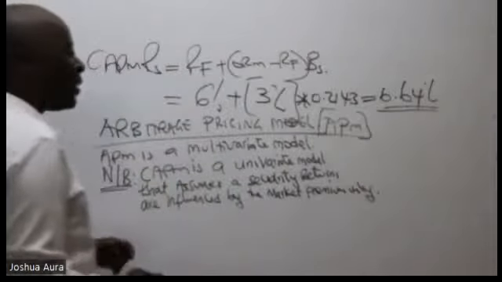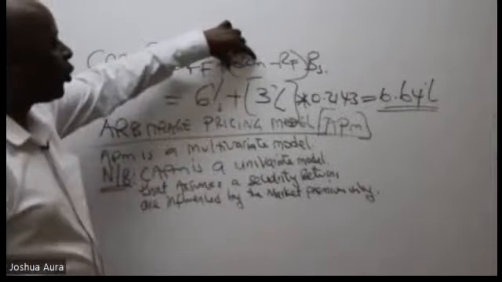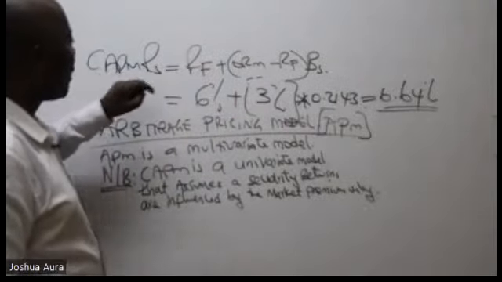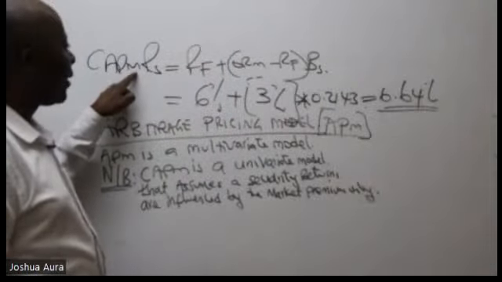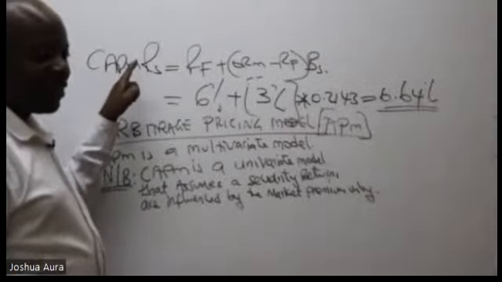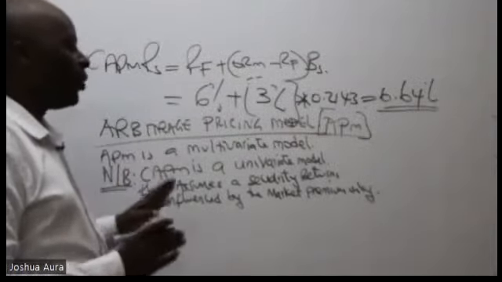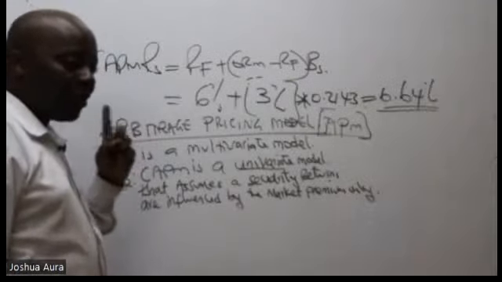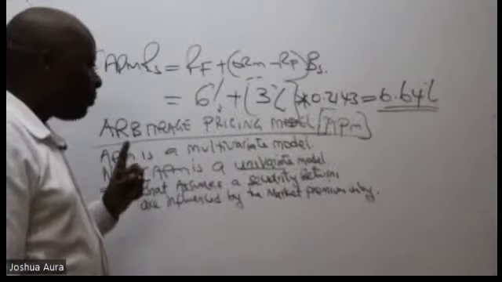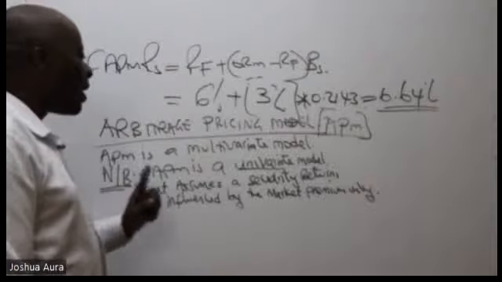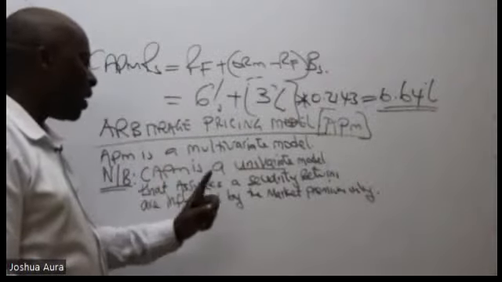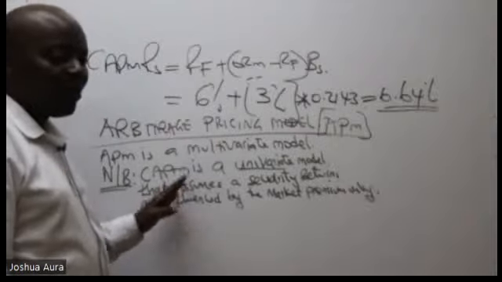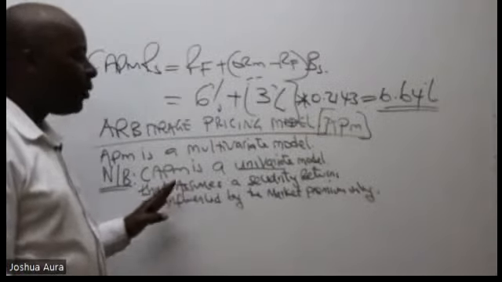The market premium is the only one that will be fluctuating. And as this fluctuates, automatically we shall be having our CAPM returns changing. So CAPM is a univariate model. Uni means one variable. So CAPM is a univariate model that assumes a security's returns are influenced by the market premium only.